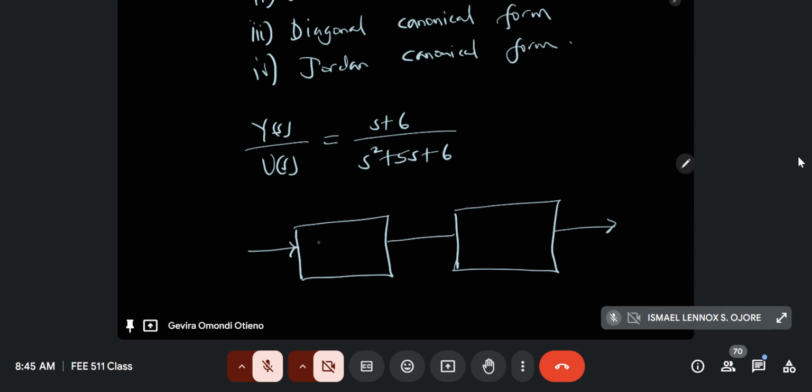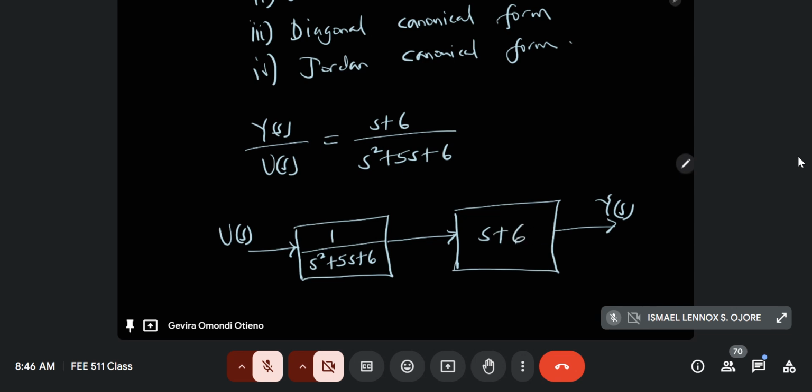The first block, remember the input is U(s) and the output is Y(s). The first block has to be the denominator term, so s² + 5s + 6. The second block has got to be the numerator term, s + 6.